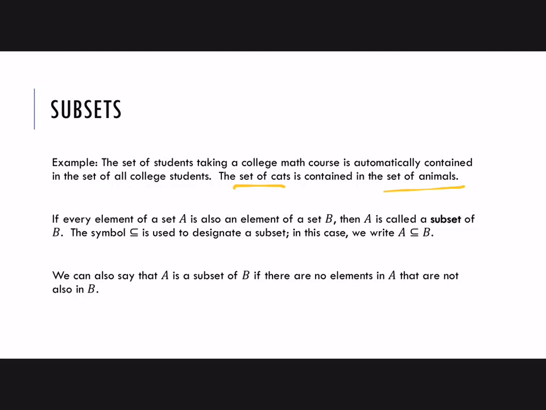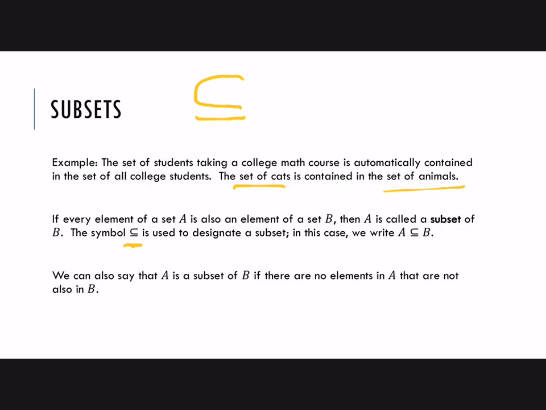Okay, a definition for subsets. If every element of a set A is also an element of set B, then A is called a subset of B. Right, the symbol for this looks like kind of a less than or equal to symbol, except it's curved. All right, or like a sideways U. Right, and that means a subset.